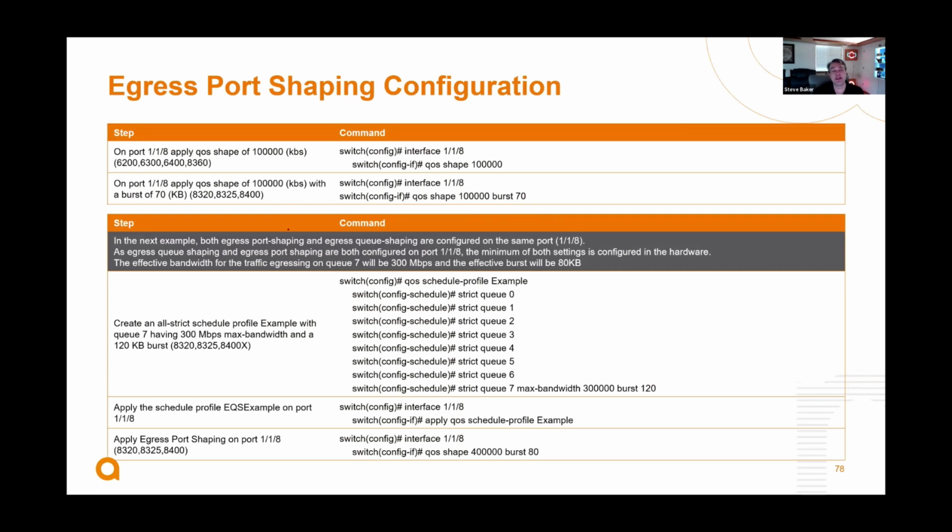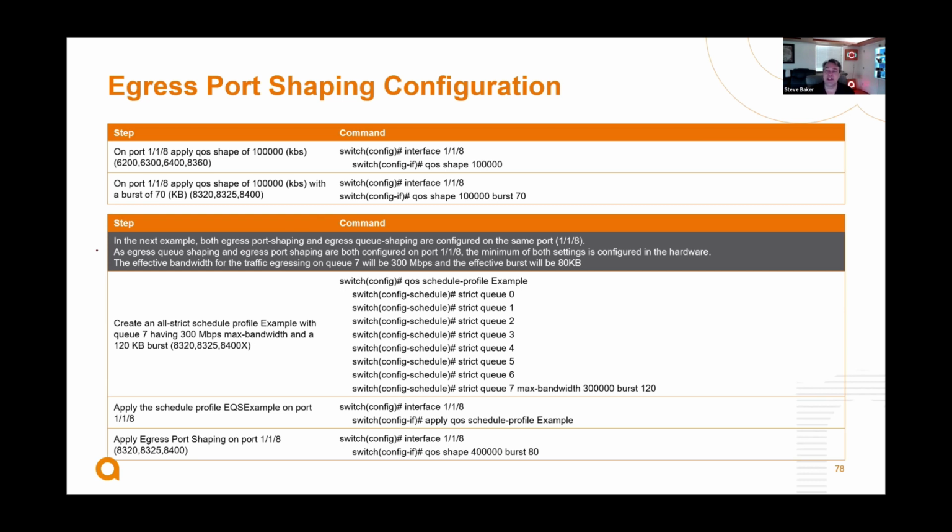Now in the lower example, I wanted to show you an example where both egress port shaping and egress queue shaping are configured on the same port, in this case port 1/1/8. Because both of these are configured on the port, the minimum of both settings is what's going to be configured in the hardware.